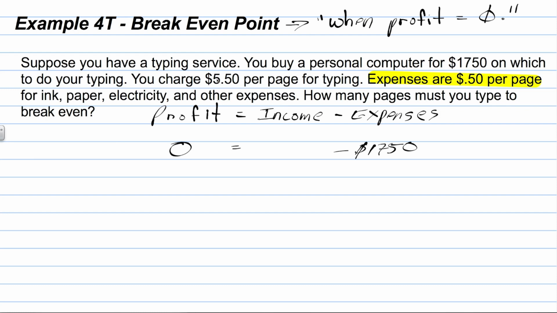So our income per page is going to be $5. What we have to do here is subtract 50 cents from $5.50. And the reason we need to do that is this is how much we charge, and this is our expense on that page. So after we subtract them, this is our profit, or this is how much money we make per page.